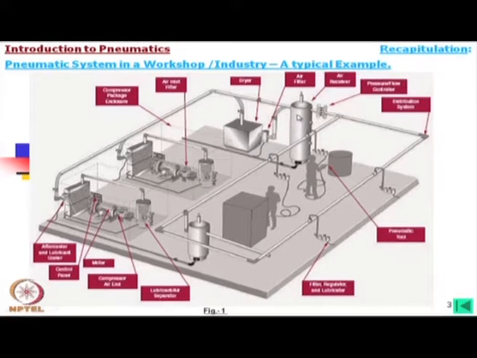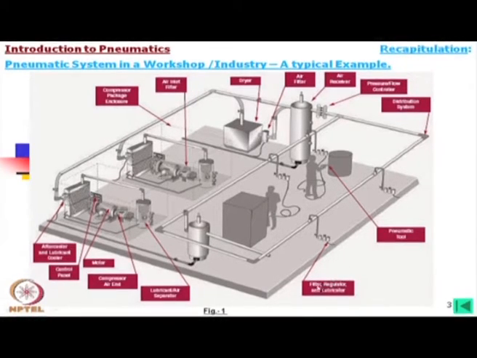Now, this is the main tank and this is the dryer. One dryer we need; a single dryer is there. Then the pressure flow controller is there, and usually you will find at each and every point the filter, regulator and lubricator, called FRL for short.